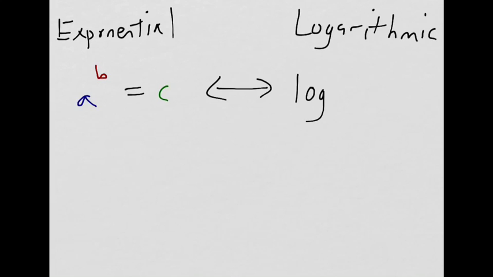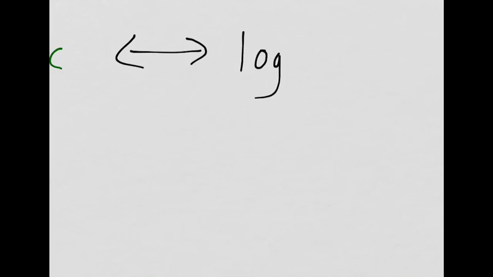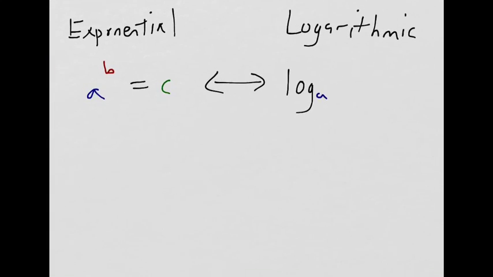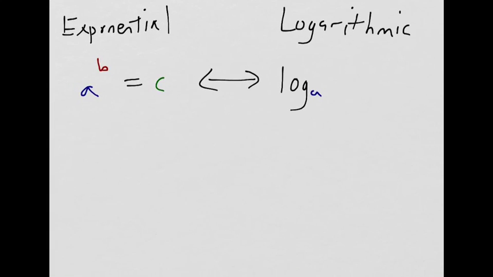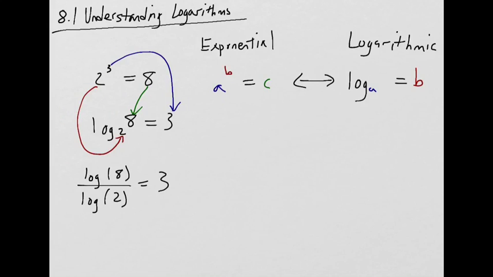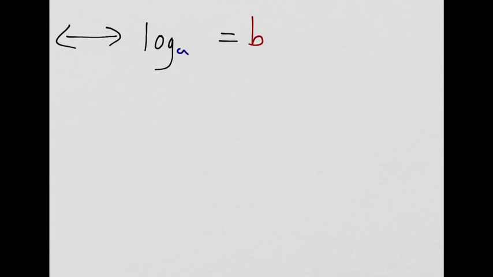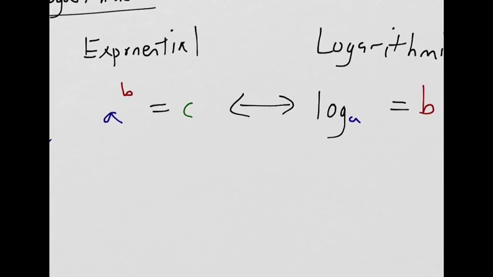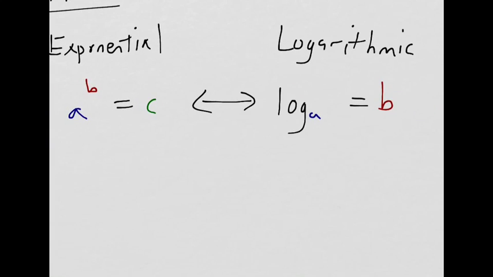So log, and then the a goes down below. The exponent itself goes on the right side, just like last time. And then what that was equal to becomes the argument of the logarithm.